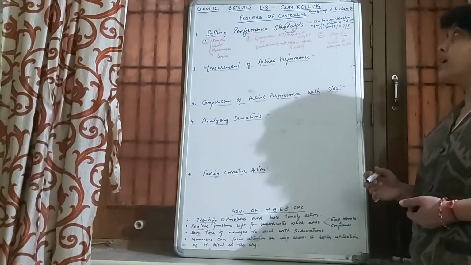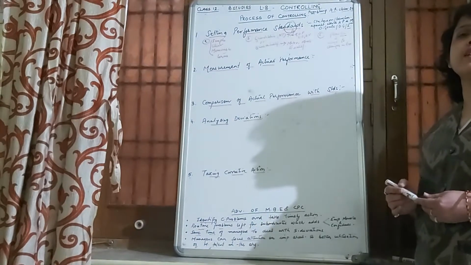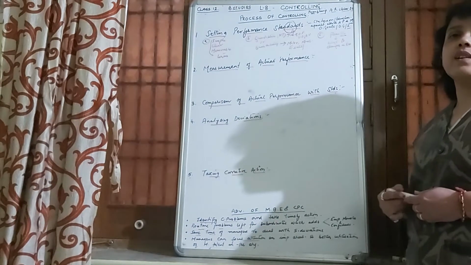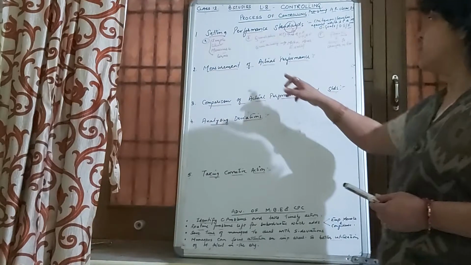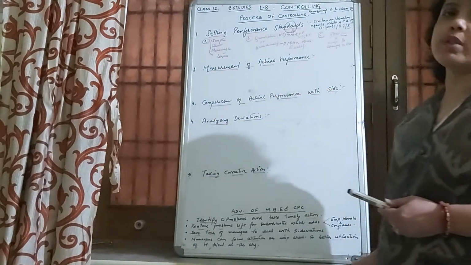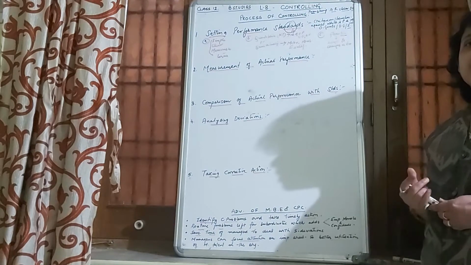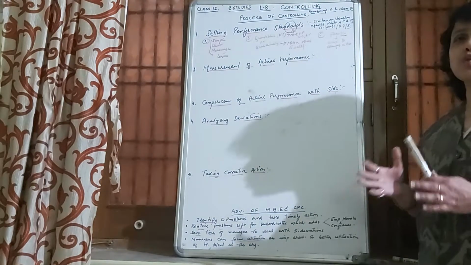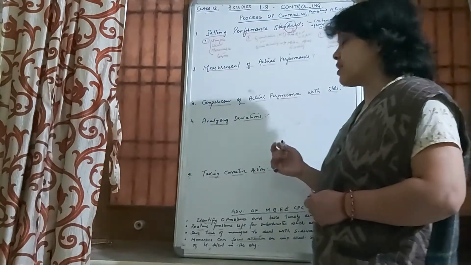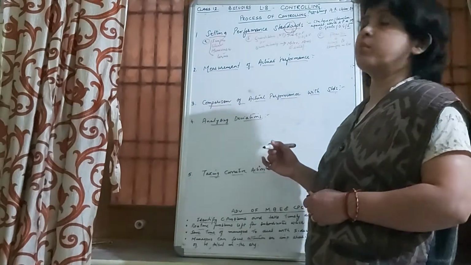Now, after the performance standard is set, there is measurement of the actual performance. For measuring the actual performance also, there are certain things which have to be kept in mind.